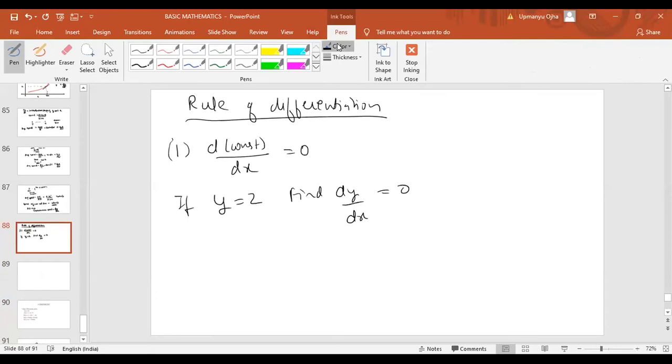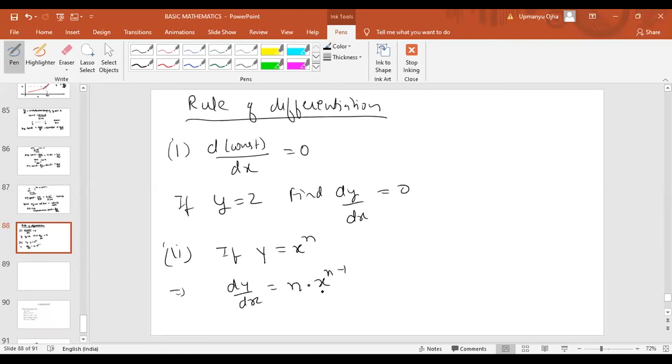The second rule is that if the function is y equal to x power n, then dy by dx is equal to n into x power n minus 1.